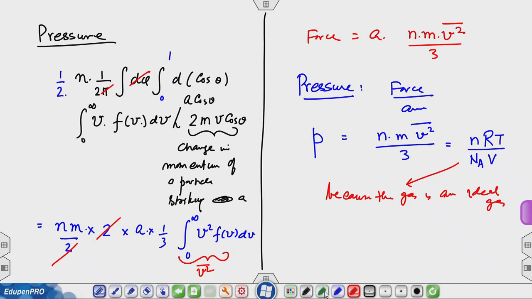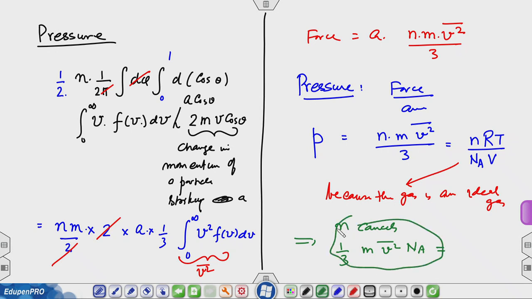So this immediately leads to n cancels, 1/3 m v square bar times n Avogadro equals, there's something wrong. There's a mistake, and we'll correct that now.